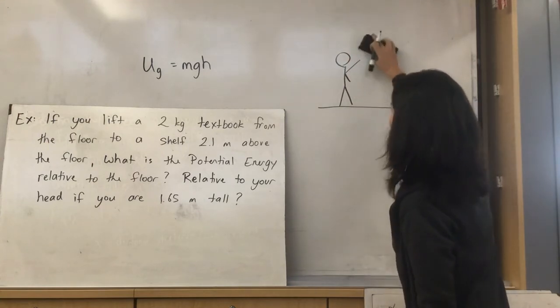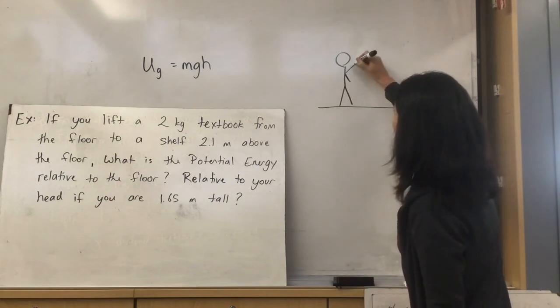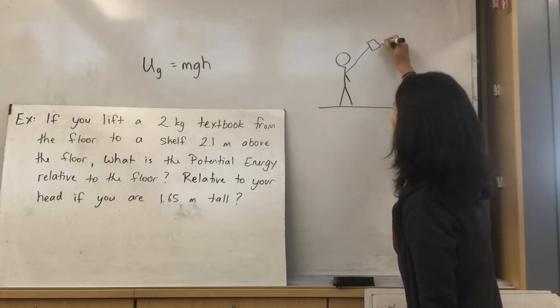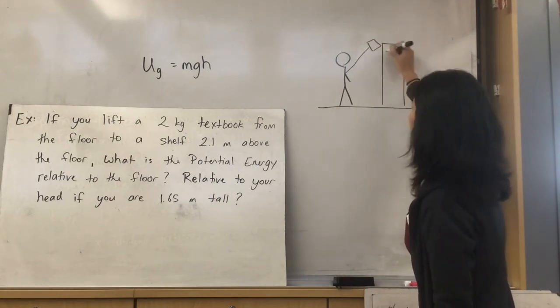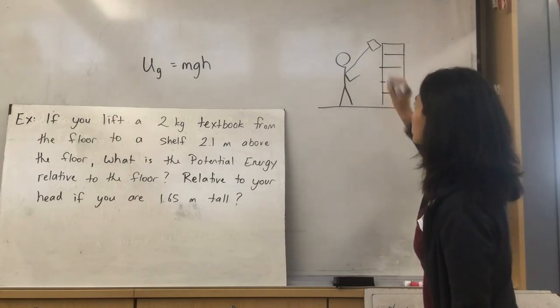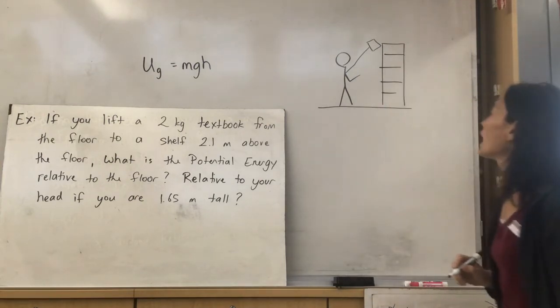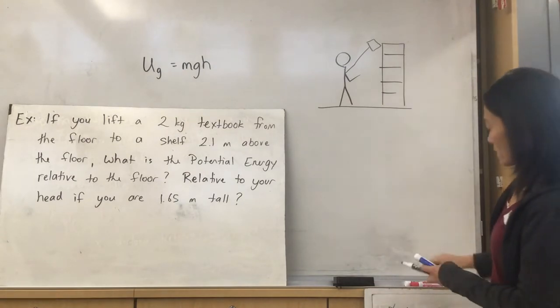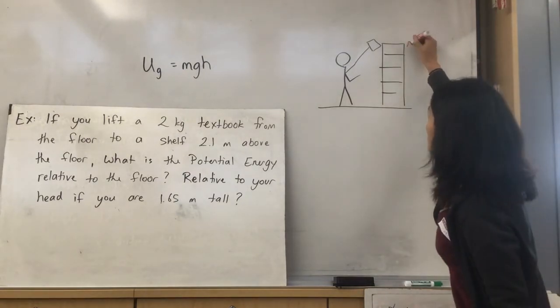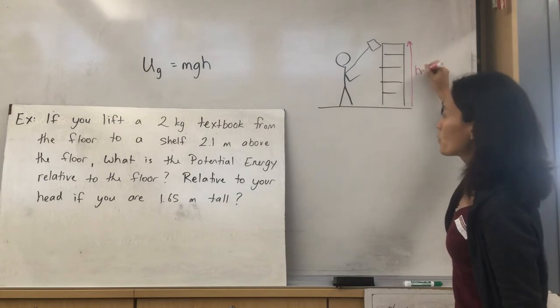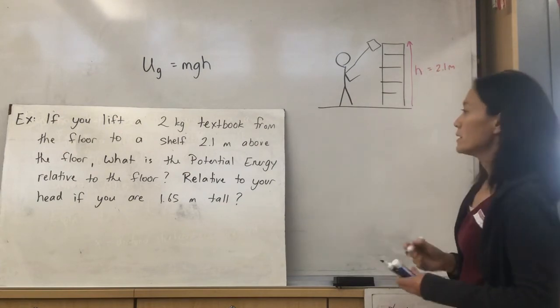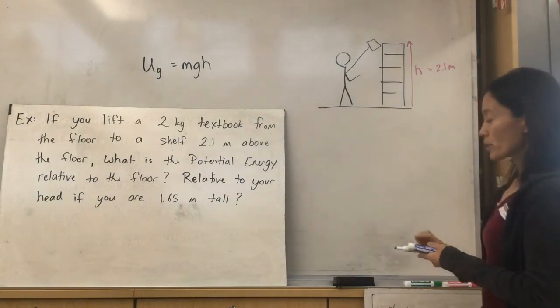I think you have to have bigger arms than that. This is totally not to scale. There's the shelf. So this is 2.1 meters above. It says, what is the potential energy relative to the floor?